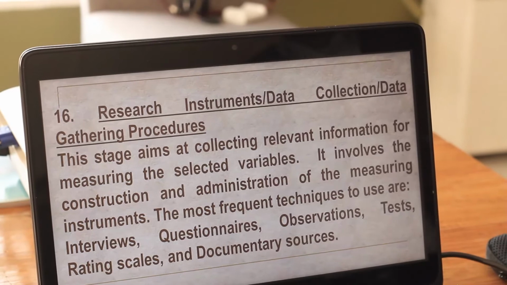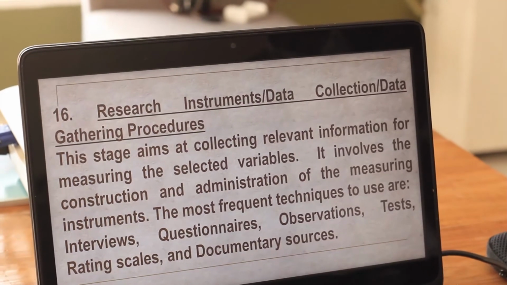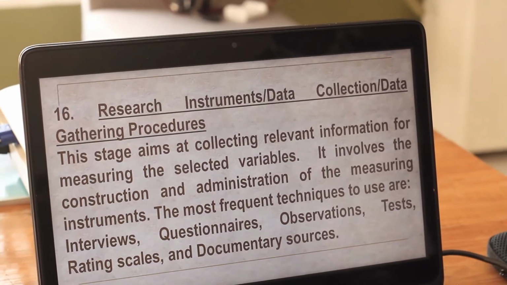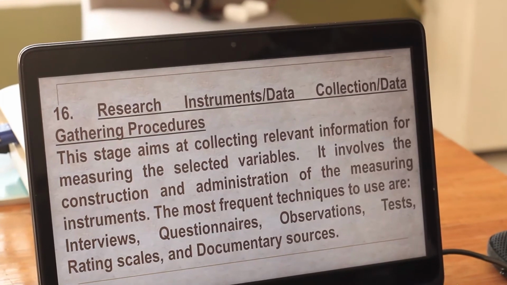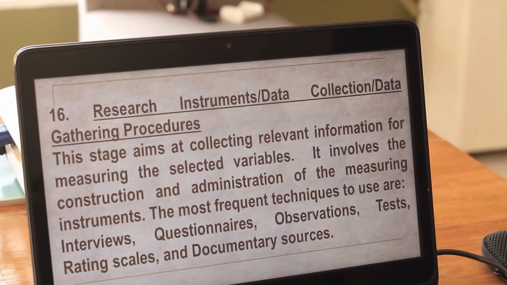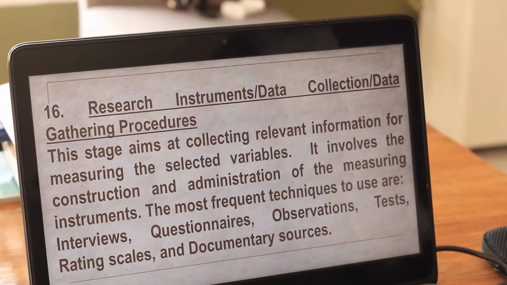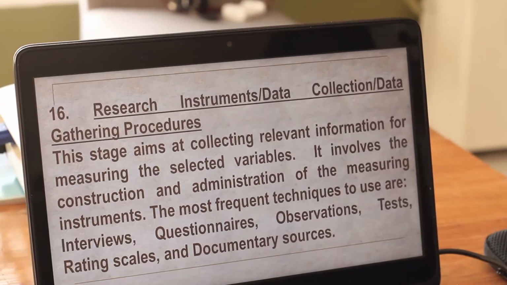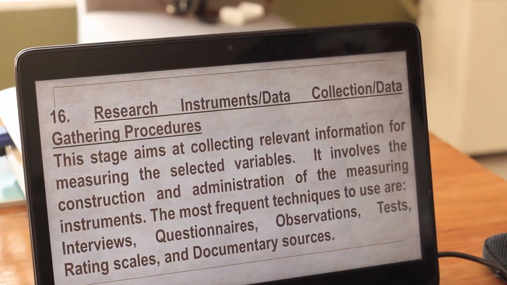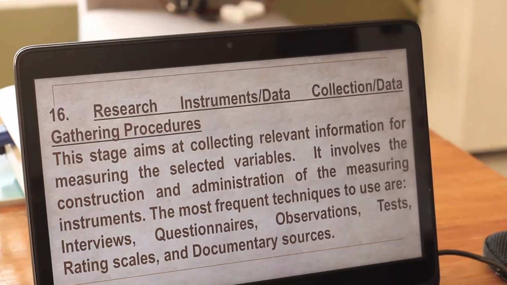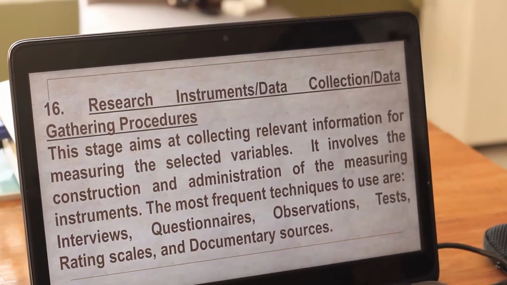The research instruments or data collection involves the construction and administration of the measuring instruments. The most frequent techniques to use are interviews, questionnaires, observations, tests, rating scales, and documentary sources.